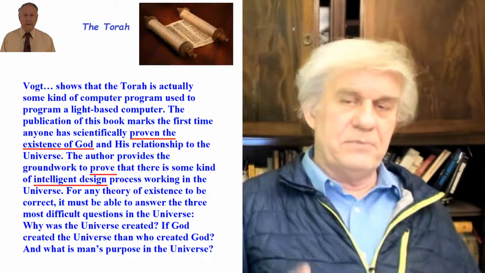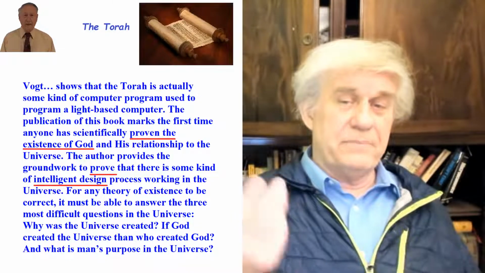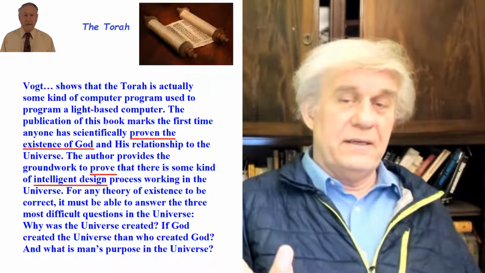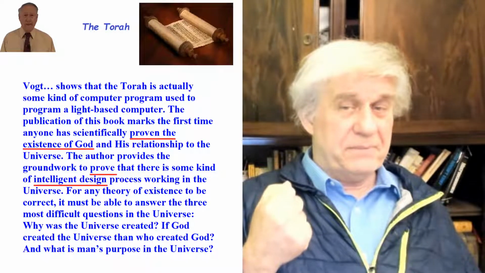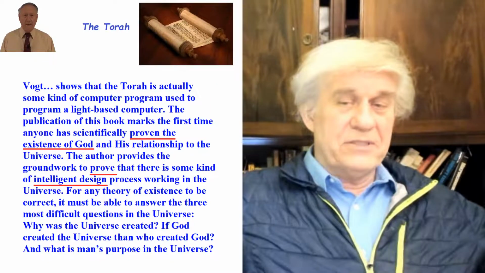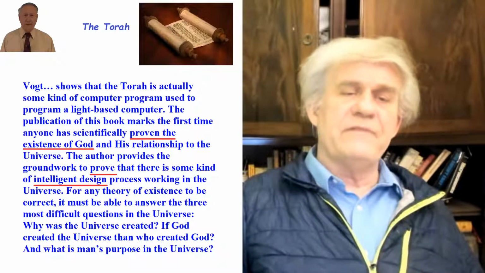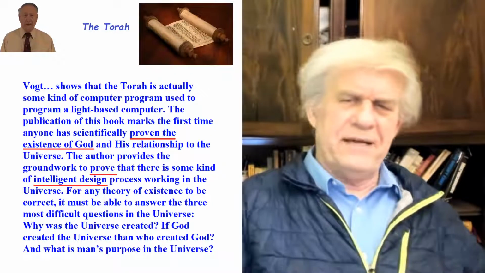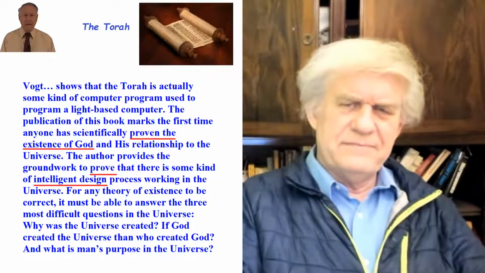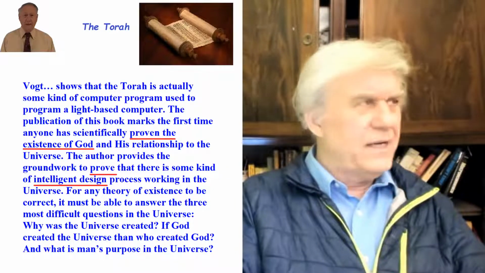Yeah, in religion we prove, we try to convert, we try to persuade in order to recruit people. Okay, that's what the pastor does on Sunday, Sunday school. To prove that there is some kind of intelligent design. Now, where did I read that? I'm sure I've heard that before.